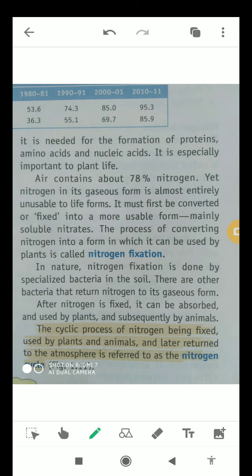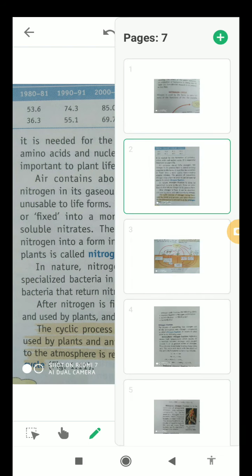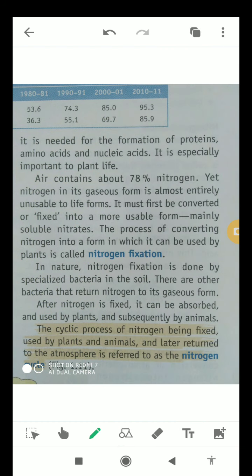So the cyclic process of nitrogen that is being fixed, used by plants and animals, and later returned to the atmosphere is known as the nitrogen cycle. So it is a cycle in which the nitrogen is used by the plants and later on it is returned to the atmosphere.